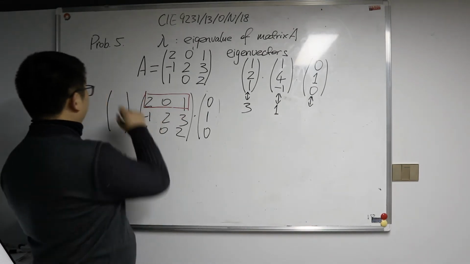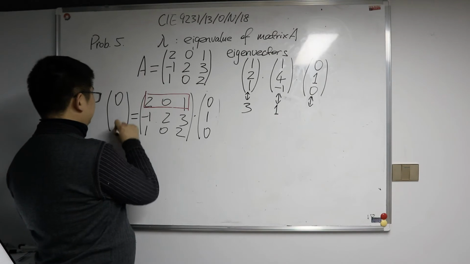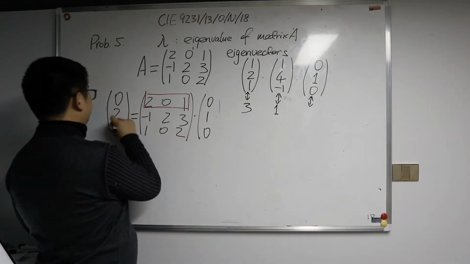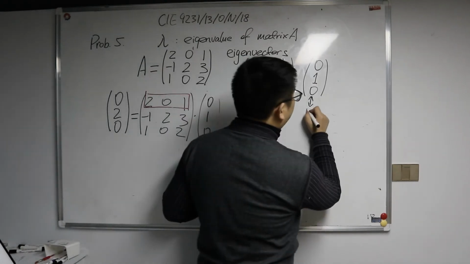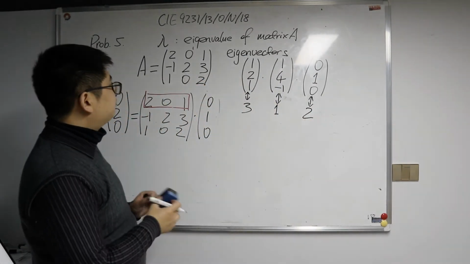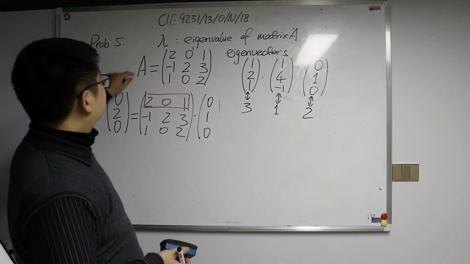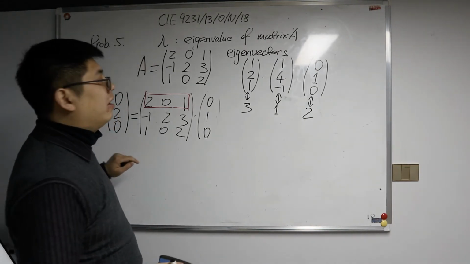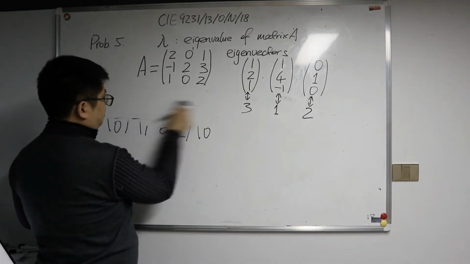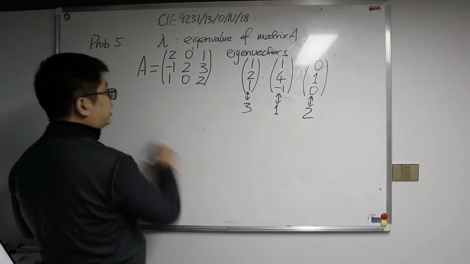So the first one is 0, and the last one is 0, and the second one is 2. So the corresponding eigenvalue is 2. It's the right eigenvalue. Otherwise, the matrix A would be a singular matrix, but it is not.